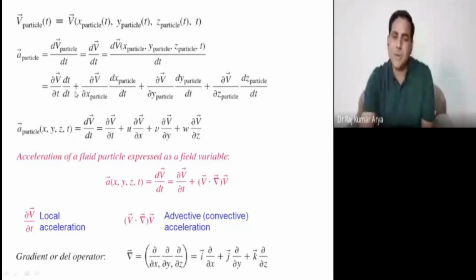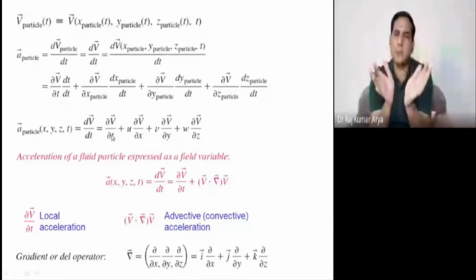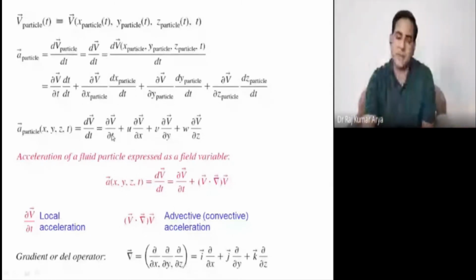Now the first one is the partial derivative of velocity with respect to time. If you say acceleration here, this dt will get cancelled, so practically you have del v upon del t: how this velocity is fluctuating with respect to time. So you got one term there. This is called your local acceleration, the part changing with respect to time.